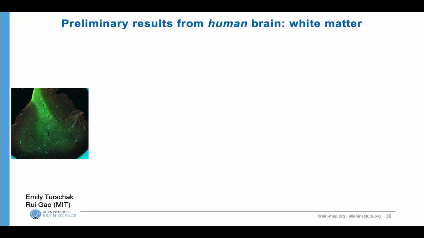The preliminary data in the grant are in the macaque, but with help with expansion microscopy and processing from Reid at MIT, who's, fingers crossed, a public statement, I hope he comes here to work on this. And again, Emily Tershak, a wonderful RA. We processed some human tissue, and this is a bit of a gyrus of human tissue.